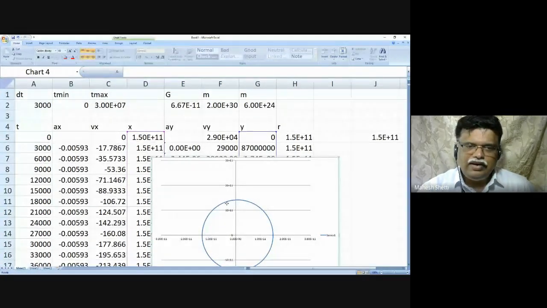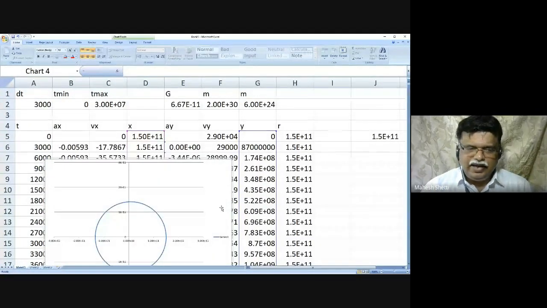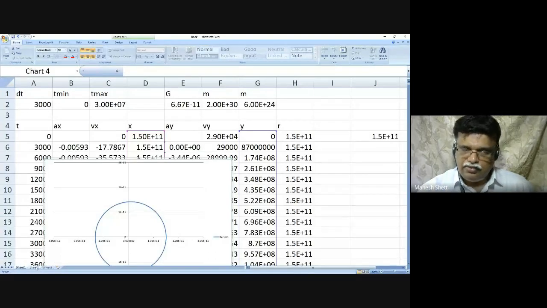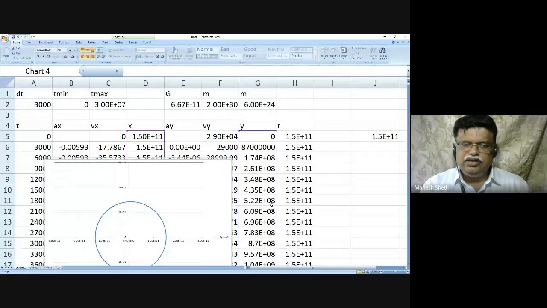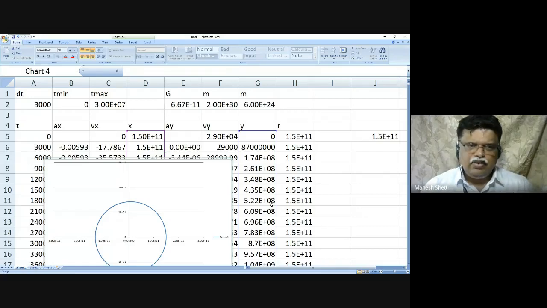Okay, so let us quickly recap what all things we have done. We talked about the simple harmonic oscillator problem where you are given the expression for acceleration, you are writing the expression for velocity, and you are writing the expression for displacement. So you are dividing the entire time into different intervals. At t equal to 0 you are writing the initial position and initial velocity.